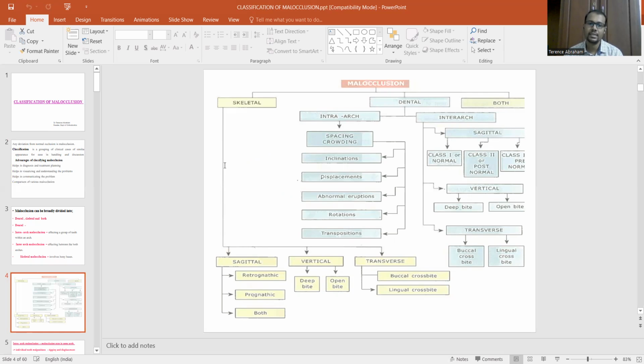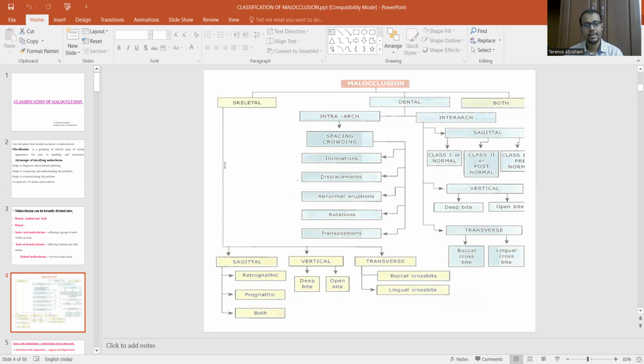Skeletal is classified into three planes: anterior posterior or sagittal plane, vertical plane, and transverse plane. In the sagittal plane, it may be retrognathic or prognathic or both. In vertical, it may be deep bite or open bite. In the transverse plane, it may be crossbite or scissor bite.